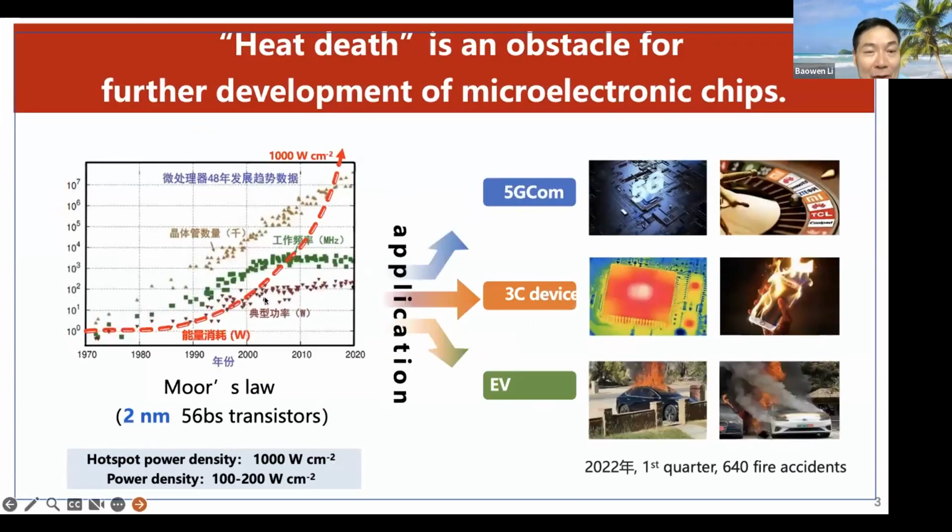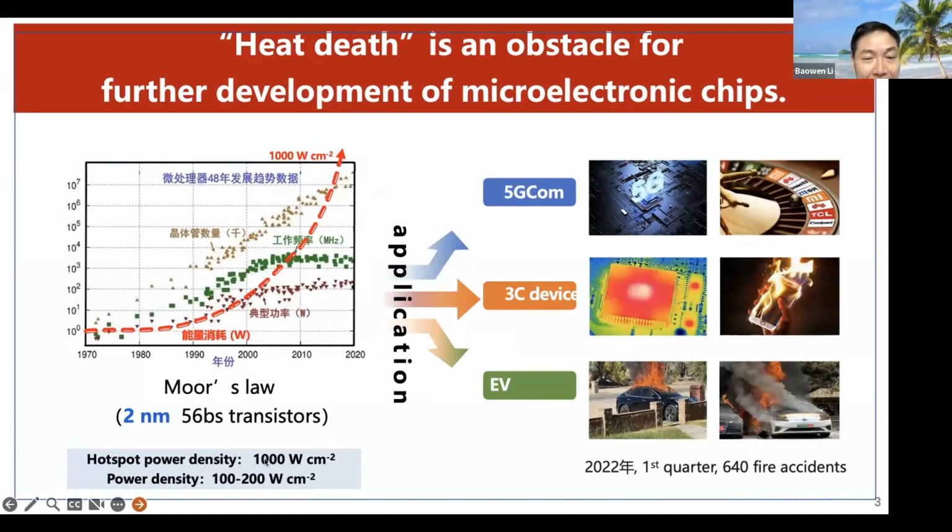So we know this is Moore's law for the semiconductor industry. The number of transistors has gone up from a few thousand to now more than 10 billion per chip. The power density goes up to almost 100 to 200 watts per square centimeter.